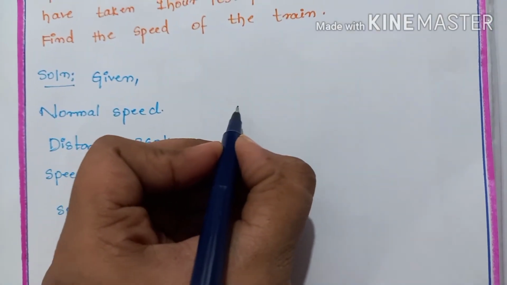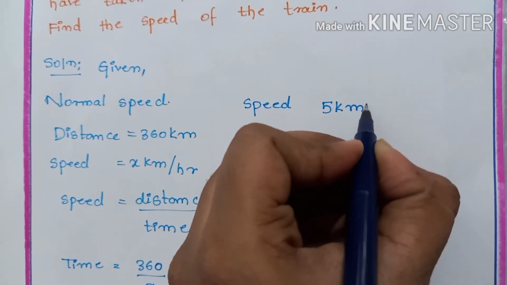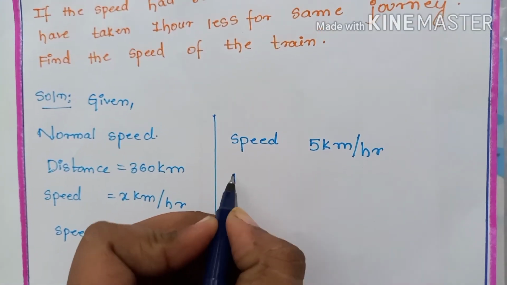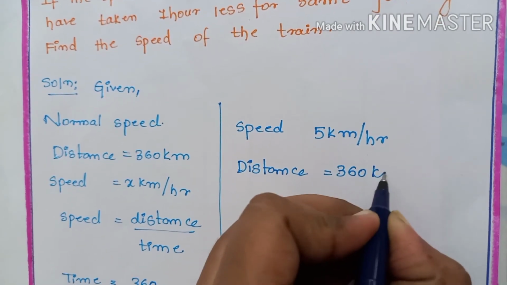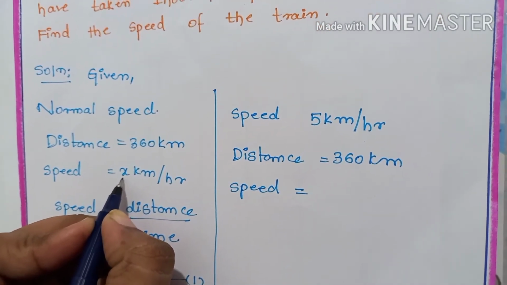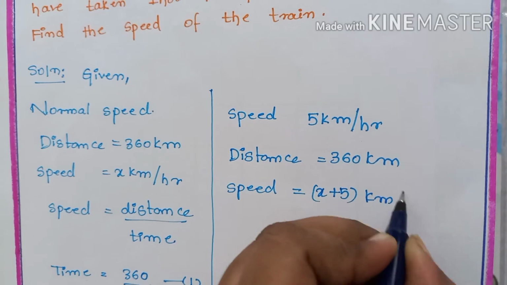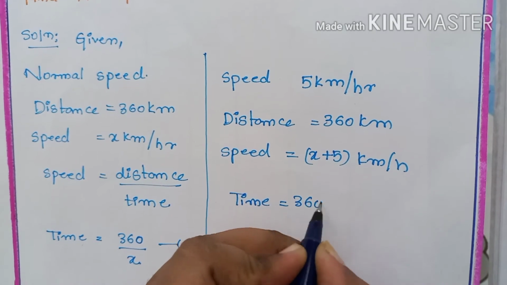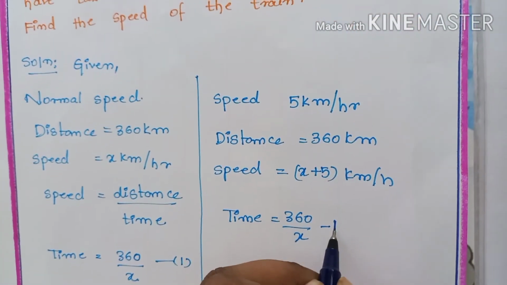Now comparing for the speed 5 kilometers per hour more. For this speed, the distance is exactly the same, which is 360 kilometers, and now there is a slight change in the speed, which is 5 kilometers per hour more than the normal speed. So that means x plus 5 kilometers per hour, and time we know from equation 1 is 360 by x, and they have said in the question it takes 1 hour less, that means minus 1.